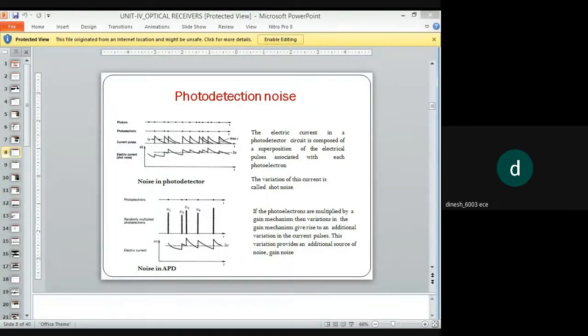Then next we can find the signal to noise ratio, which is a function of the average number of photoelectrons per receiver resolution time for a photodiode receiver at two different values of the noise in the circuit.